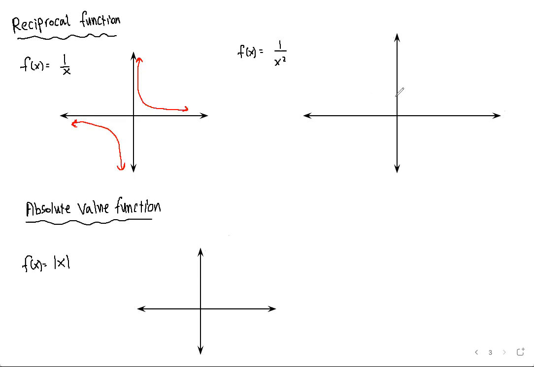And for 1 over x squared, the graph looks like this. For f of x equals the absolute value, we did it by plotting points in the previous section. The graph will be something like that.